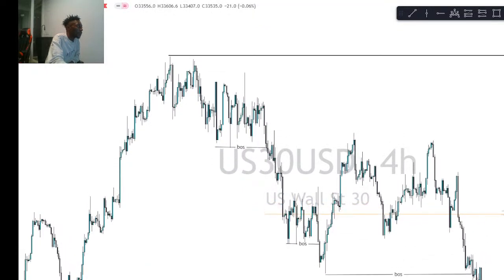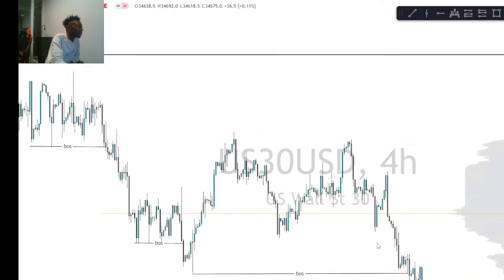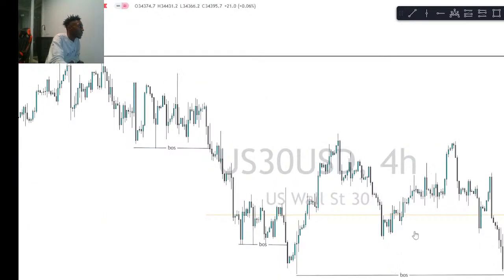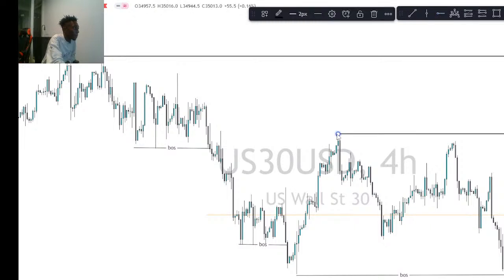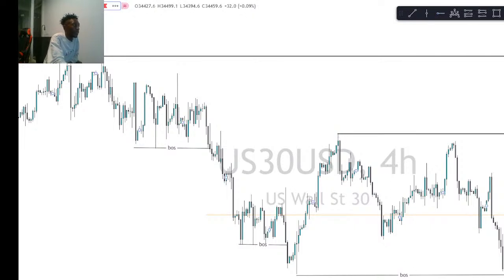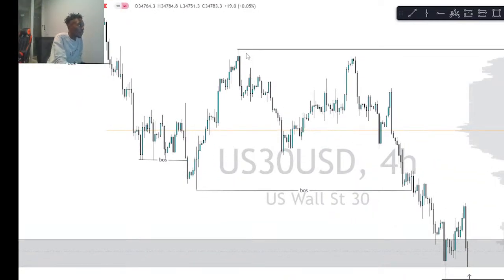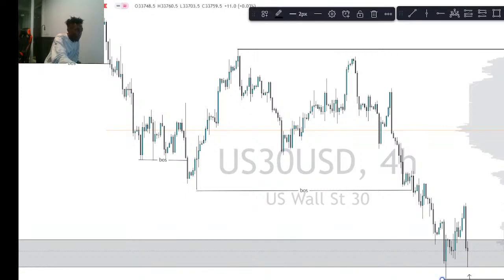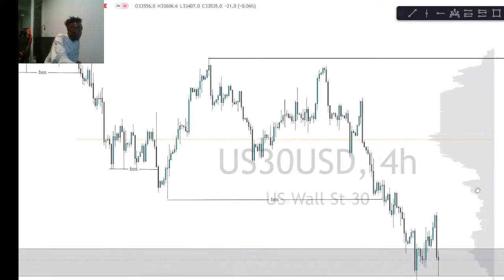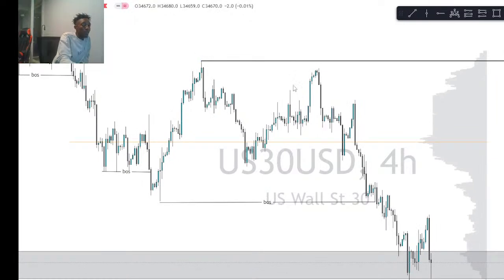The market kept breaking structures to the downside, and then it gave us a high here. That's where we are focusing now: where the market gave us an overall high and an overall low.